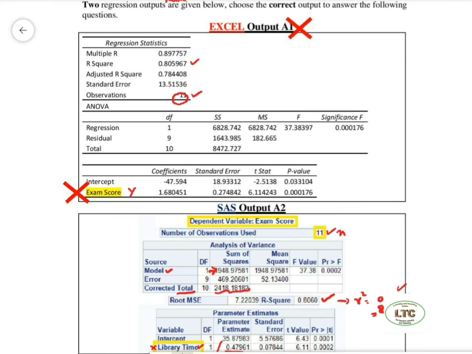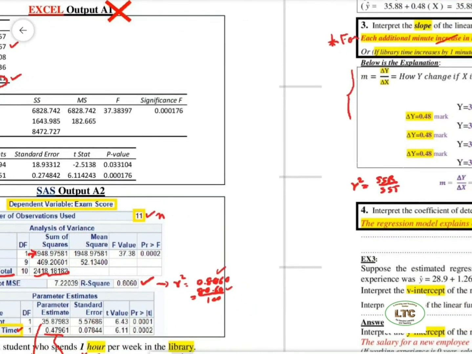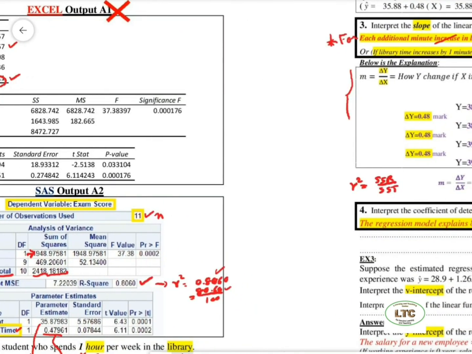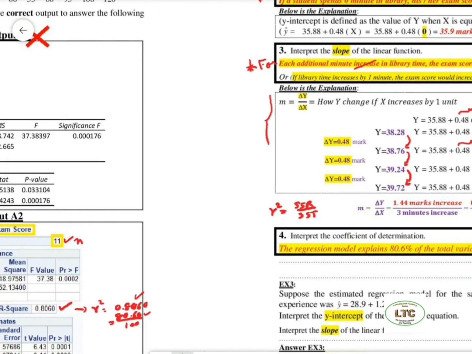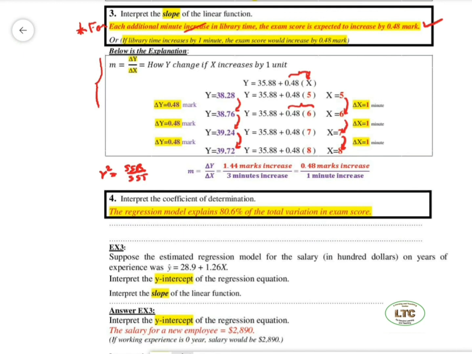So 80.6% of the error of estimate in Y is removed by the regression equation, or explained by the regression equation. Model explain means removed. 80.6% of the total variation in exam score.